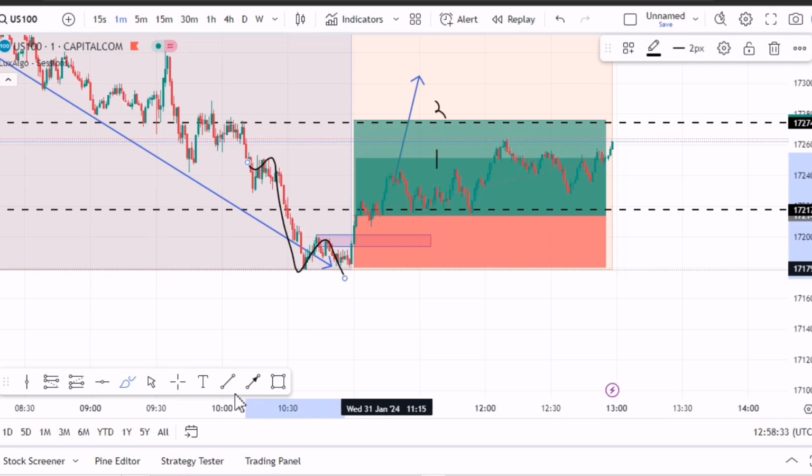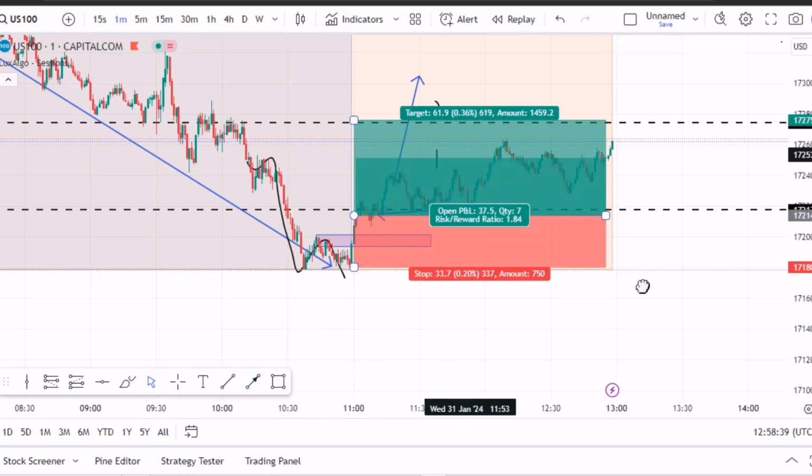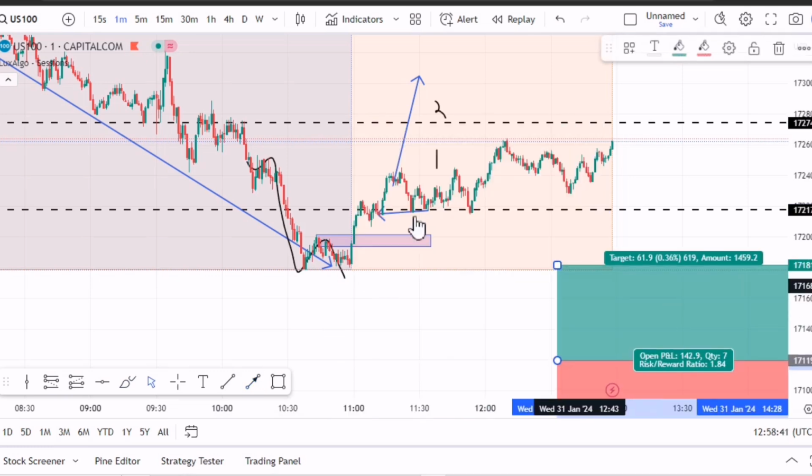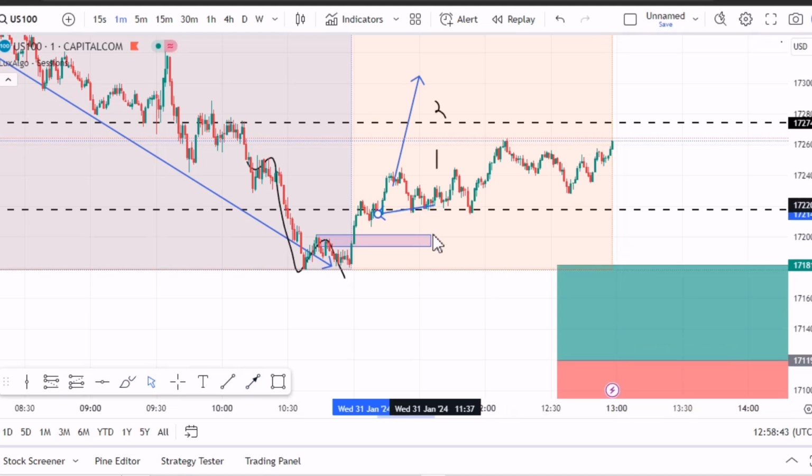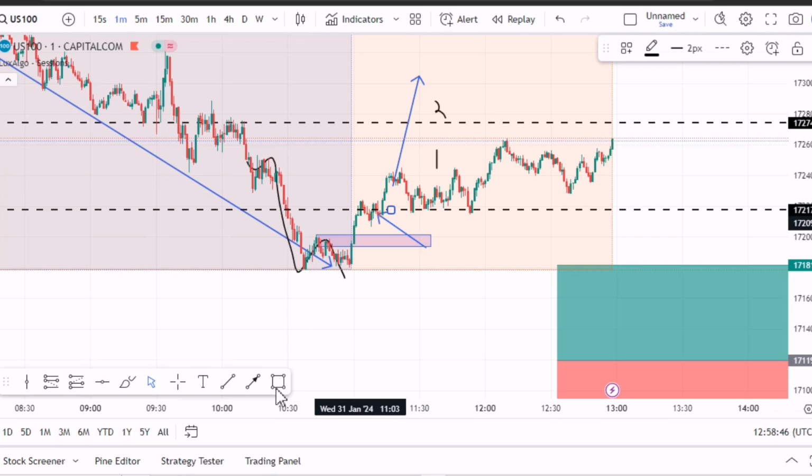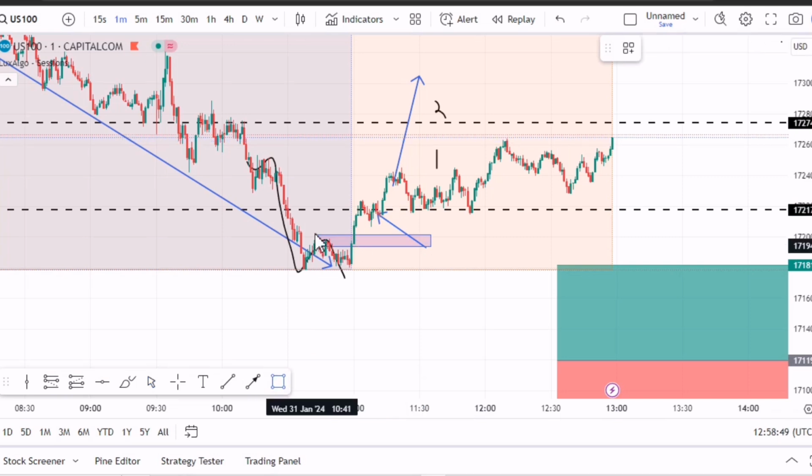Okay, and then before I bought around that place, let me move this for a while. Before I took a buy around this region, I made sure that I wait for price to close above this region, and that's why you see this key level that I've marked.